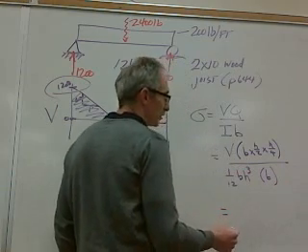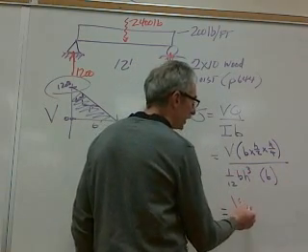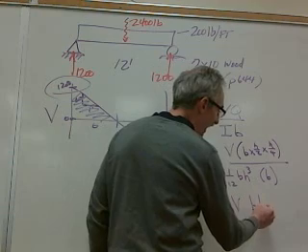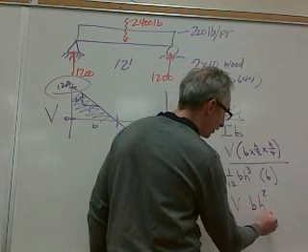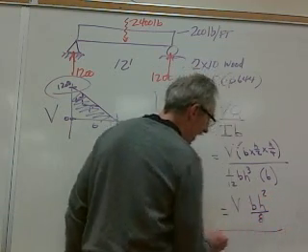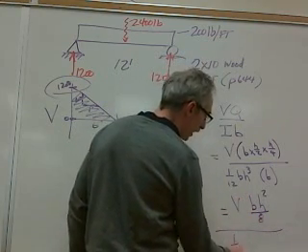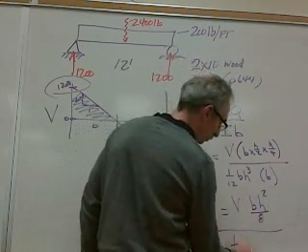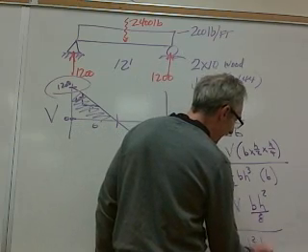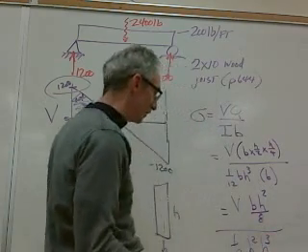So if I run this out, I've got V times BH squared divided by 8 on top, and then 1/12 B squared H cubed on the bottom.